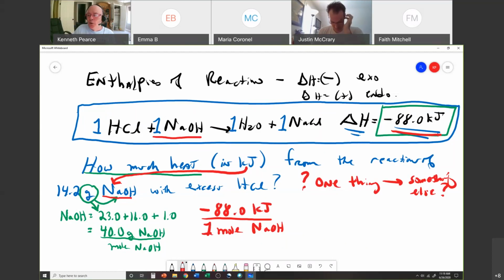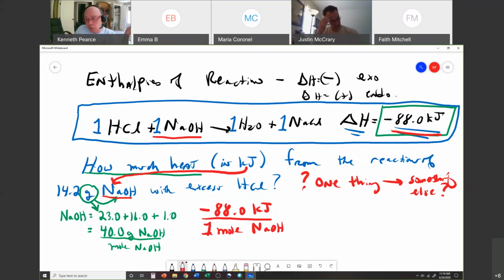We have the kilojoules, and this 88 kilojoules is for the entire reaction. For every 1 HCl, I get 88 kilojoules of energy. For every 1 sodium hydroxide, I get 88 kilojoules of energy. For every 1 water that I pick up, I get 88. And for every 1 sodium chloride that I form, I get minus 88 kilojoules of energy.